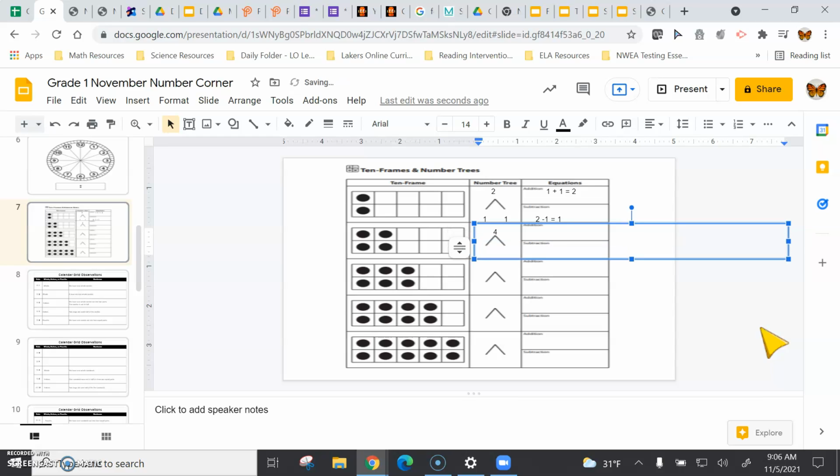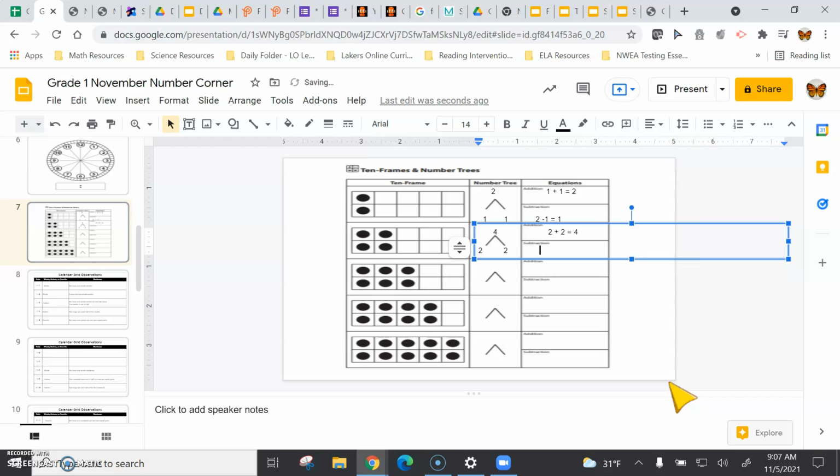And how many dots do we have on that top line? 2. And then we have 2 on the bottom line. If we were writing a math equation to explain this number tree, it would be 2 plus 2 equals 4.